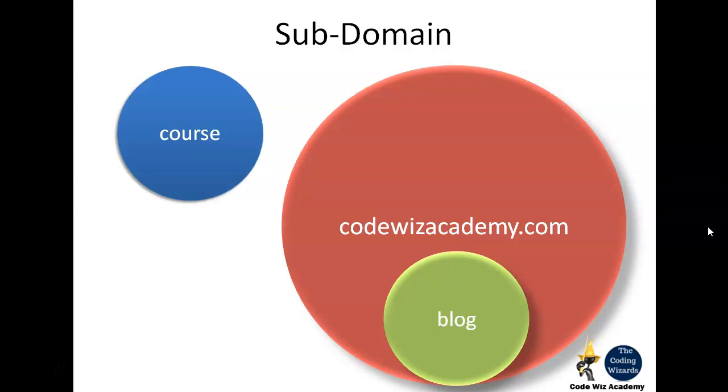A subdomain will be a separate folder, and you will have to link the subdomain with the root domain in the cPanel to give it an identity that this subdomain belongs to this root domain. How do we do that? We will see that in a while.